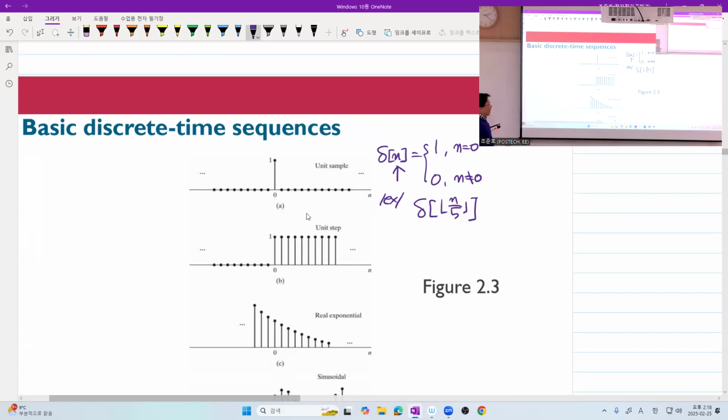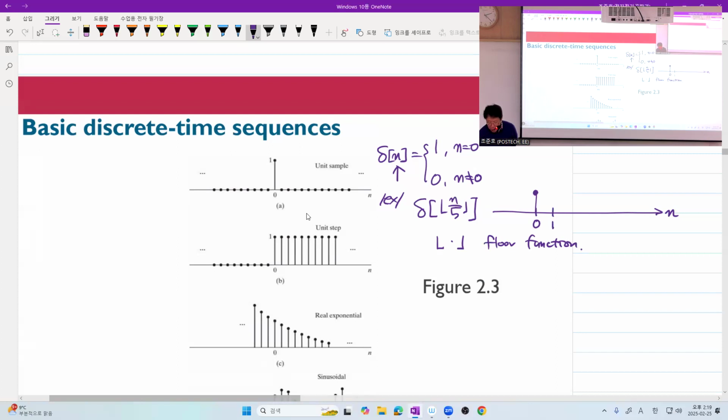Okay, here is a function, and let's illustrate this function. So anybody? So let's say this is n. So at n equals 0, what is the value? By the way, this is the floor function. So 0 divided by 5 is 0, the floor is 0, so it's 1. Right?